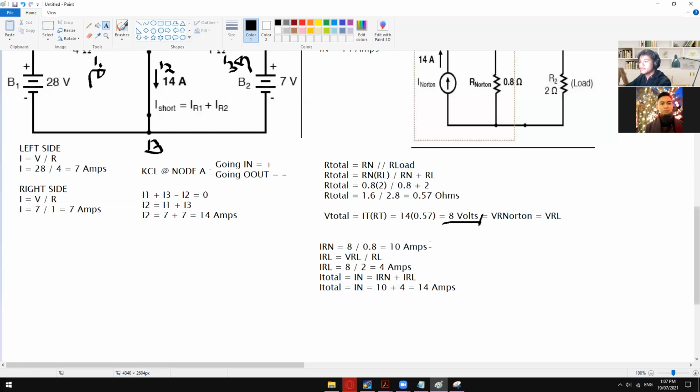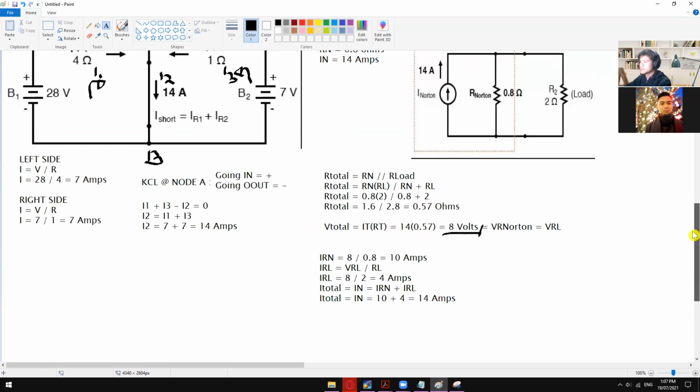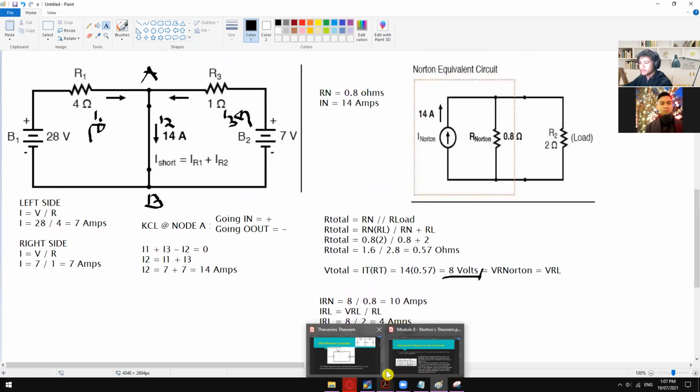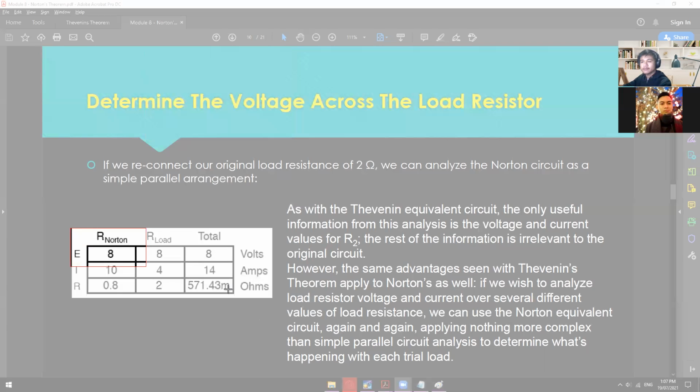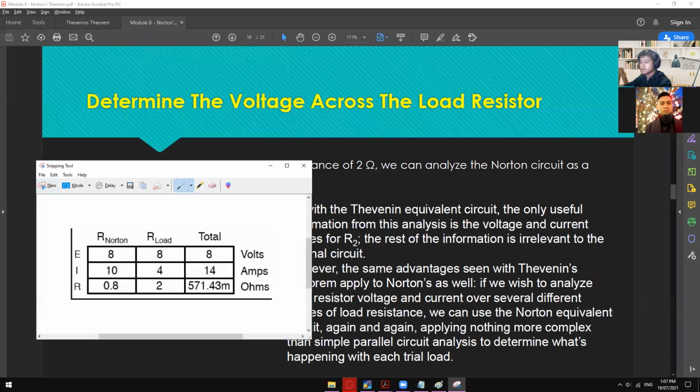We now have the voltage drops or voltage across, which is 8 volts. And then the current across R Norton is 10 amps. And then the current across R load is 4 amps. Okay, so I hope you guys were able to follow. So let's check if we have the same result.